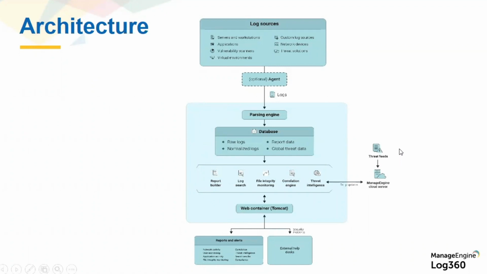Information taken from the threat feeds is sent to the ManageEngine cloud server, and from there it is sent to the client. When you want to see a report, you click that particular item, and the tool will fetch the data from the ManageEngine cloud server and show it to you as a report.